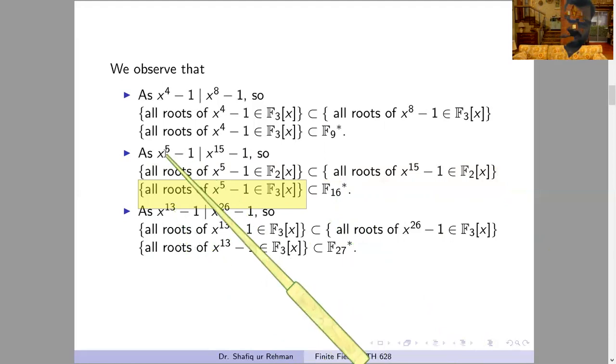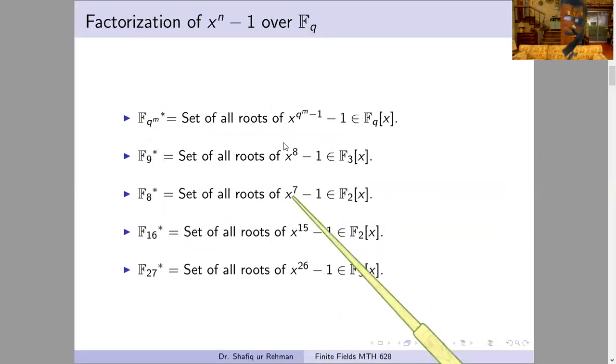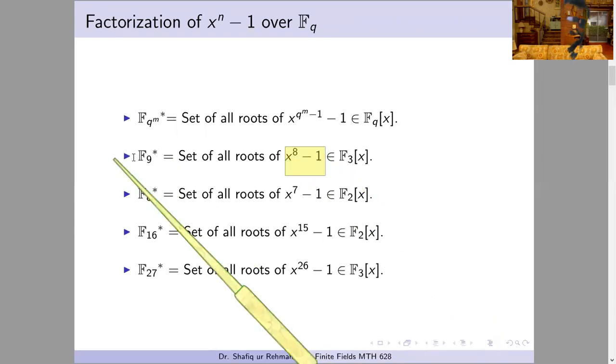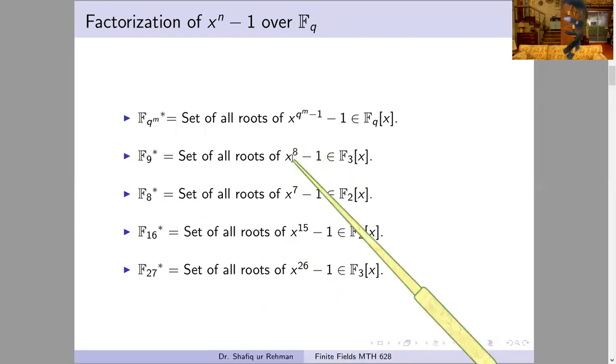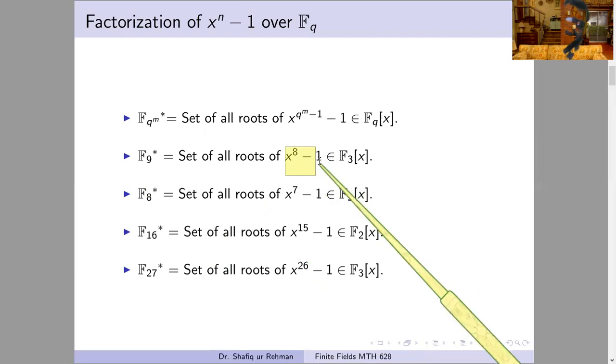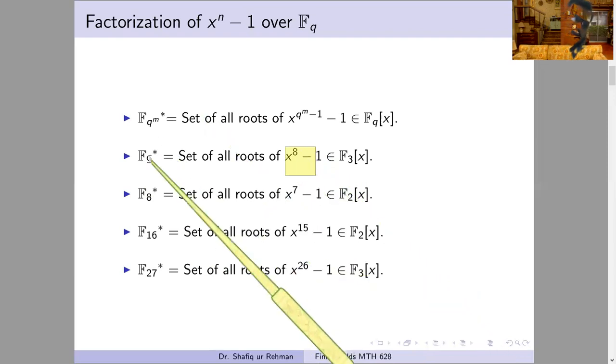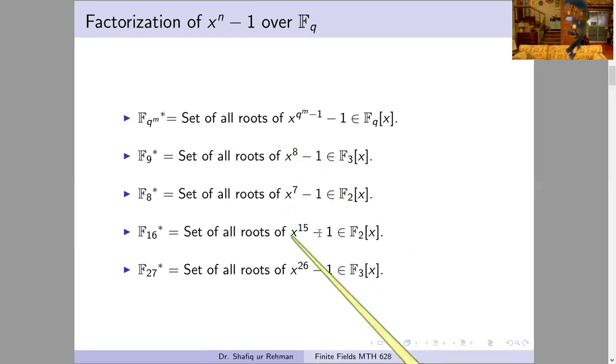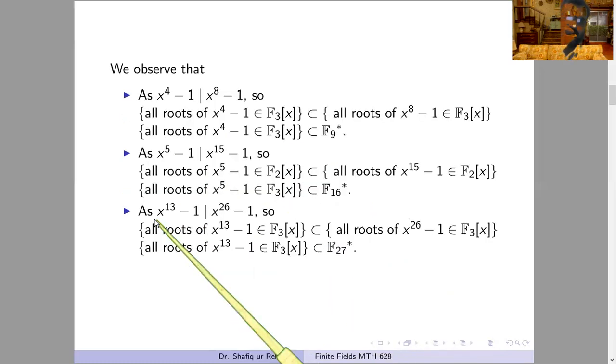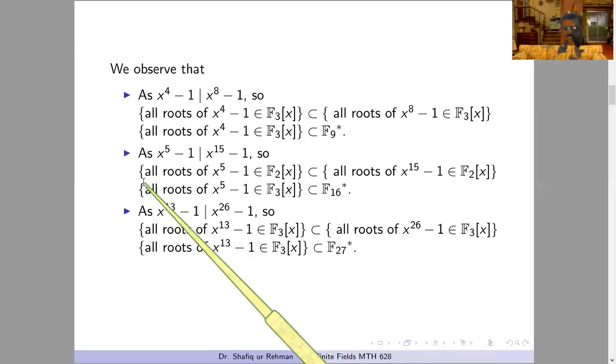Similarly for this. So from here we know that all the roots of this consist of this set. But if we take any divisor of this polynomial, then the roots of that divisor will also lie in this set. Similarly, if we take any divisor of this polynomial, then all the roots of that divisor will also belong to F_16 star. So in this way we can also observe for the roots of some divisor polynomial.